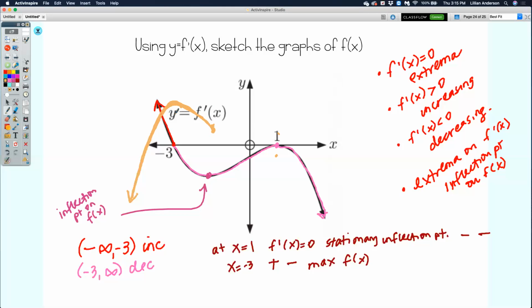So I need to be decreasing after -3. I need to change concavity between this random point and +1. And then I need to change concavity again afterwards, but still continue to be decreasing. And that would be the function, the original function.